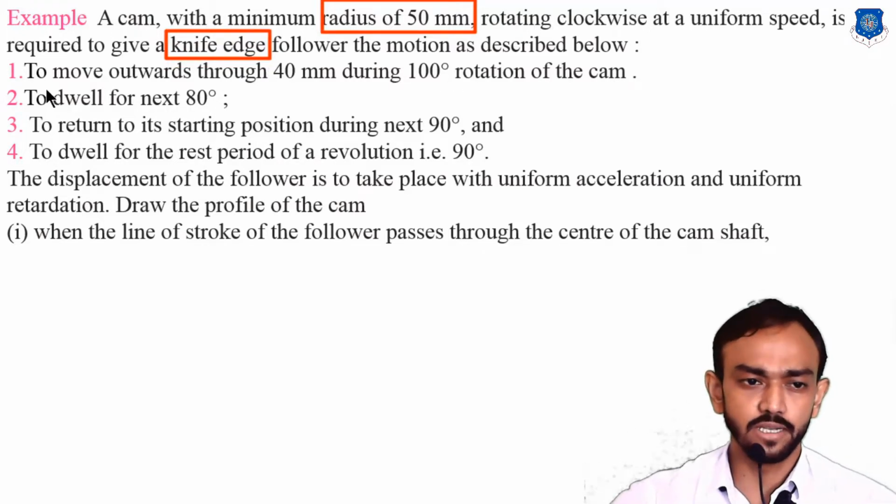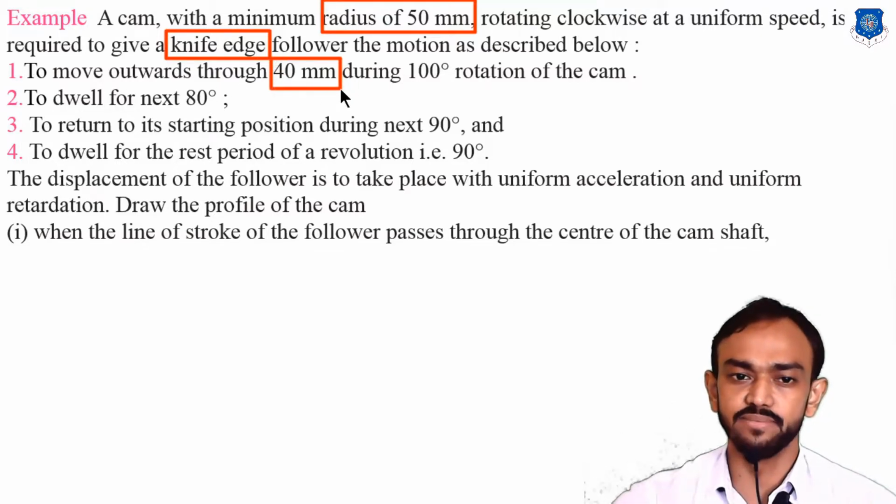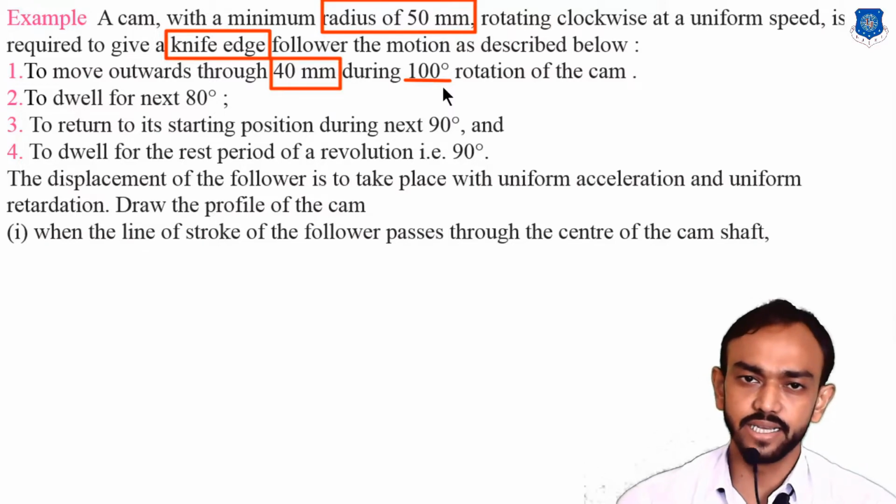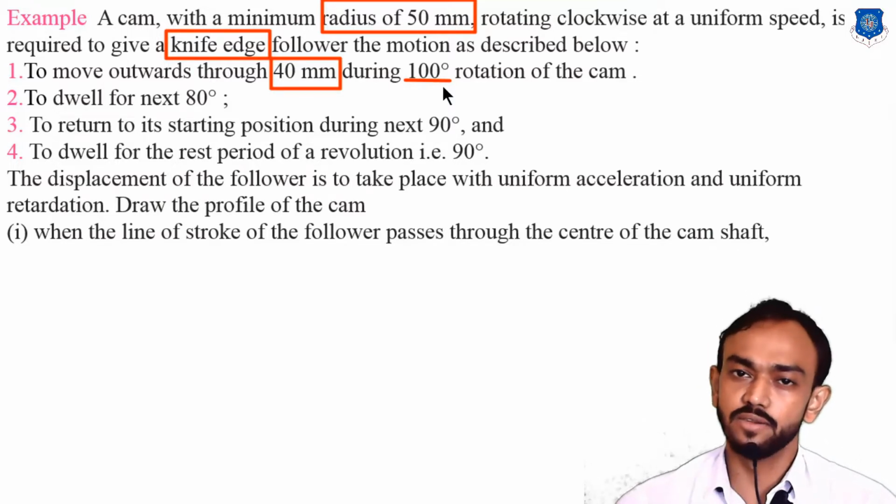First, move outward through 40 mm, which means the lift or stroke is 40 mm, and the angle given is 100 degrees. For the rise angle of 100 degrees the follower will move upward 40 mm.